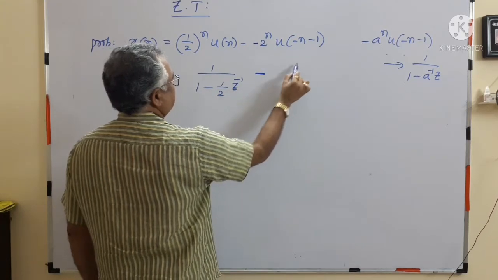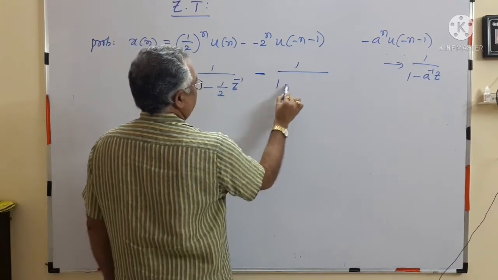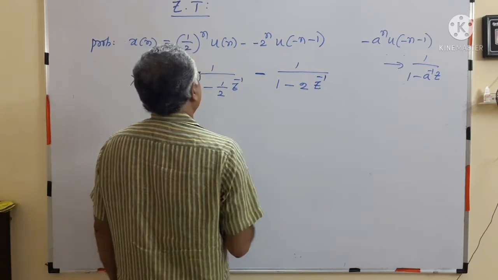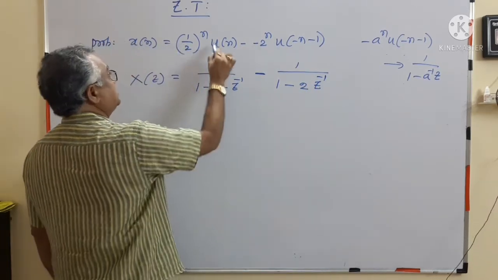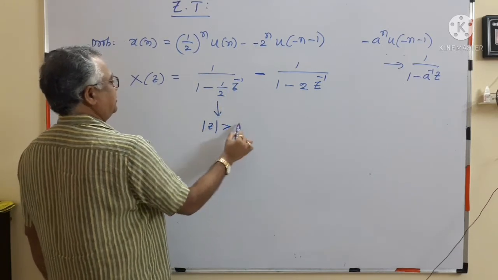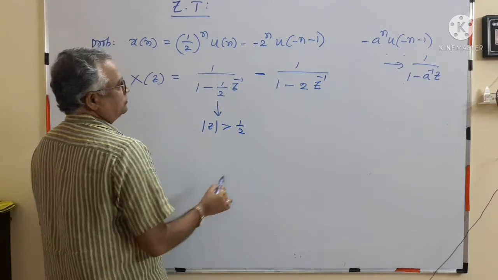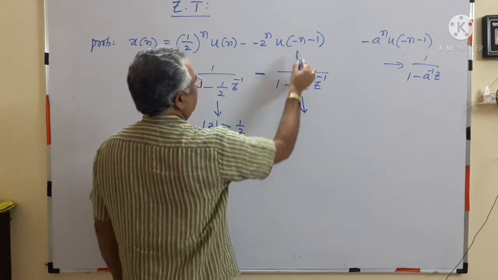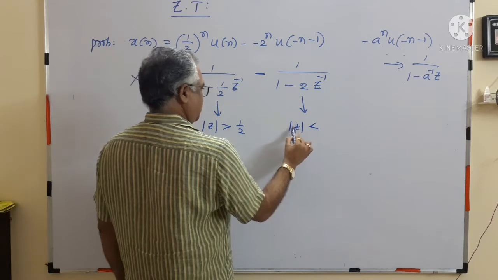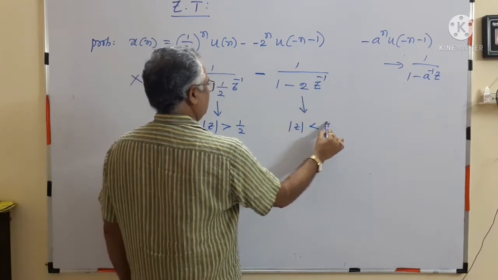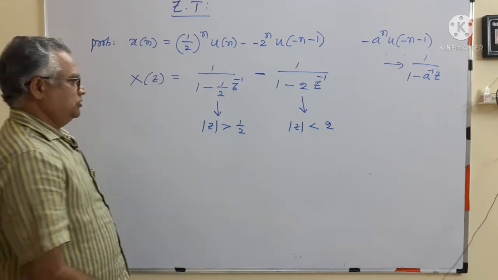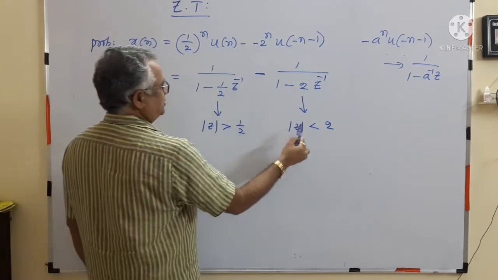So here minus 1 by 1 minus 2 z inverse. Because it is right-sided, mod z greater than a, which is 1 by 2. Whereas here, left-sided, mod z less than 2. So greater than 1 by 2 and less than 2.